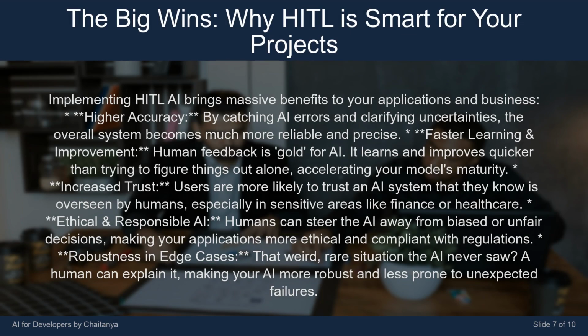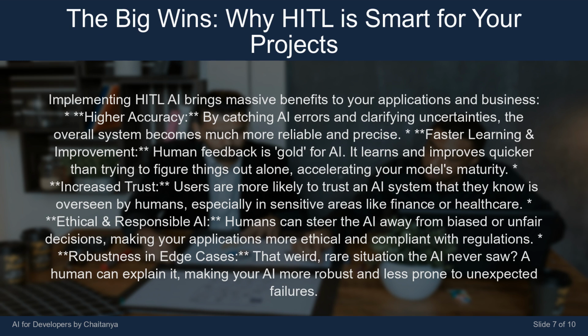Implementing HITL AI brings massive benefits to your applications and business. Higher accuracy. By catching AI errors and clarifying uncertainties, the overall system becomes much more reliable and precise. Faster learning and improvement. Human feedback is gold for AI. It learns and improves quicker than trying to figure things out alone, accelerating your model's maturity. Increased trust.